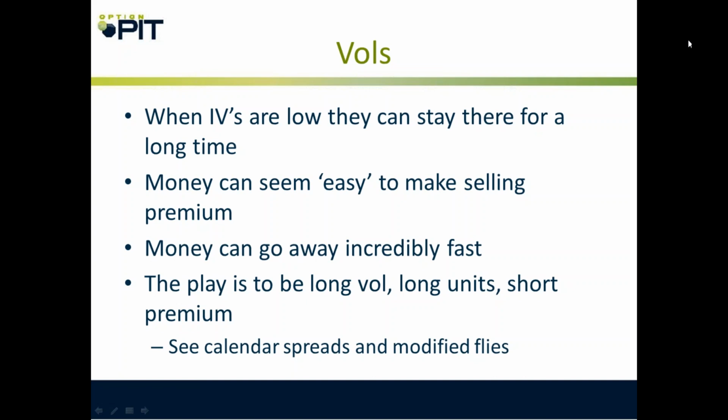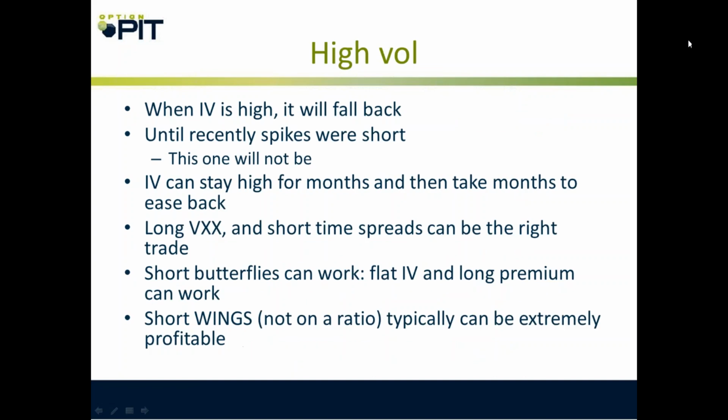Money can go away incredibly fast, though. So when vol is really low, the play can be to be long volatility, long units, and short premium. Things like calendar spreads and modified flies. Some things that we do in Option Pit.